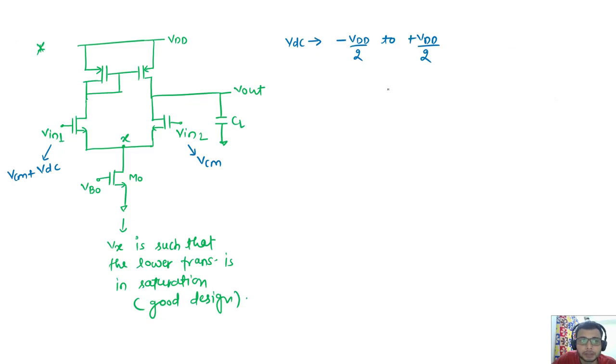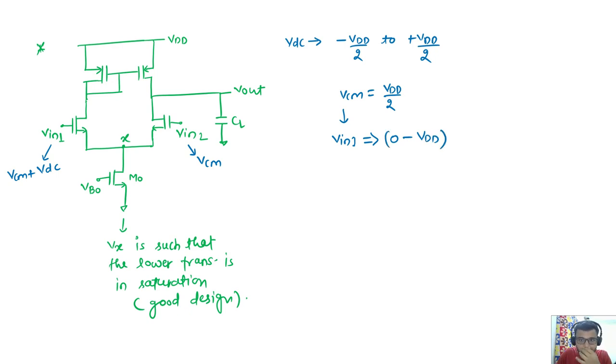So what is going to happen? As I know that VCM is VDD by 2, my actual V in 1 will vary from VCM minus VDD by 2, which means 0, to VCM plus VDD by 2, which means VDD, because VCM is VDD by 2.